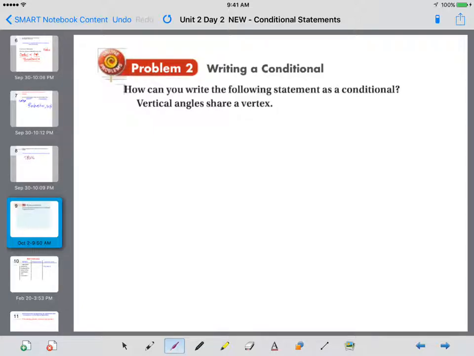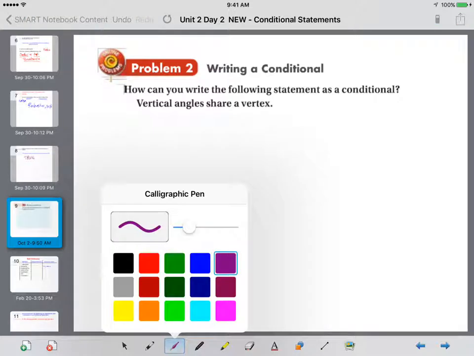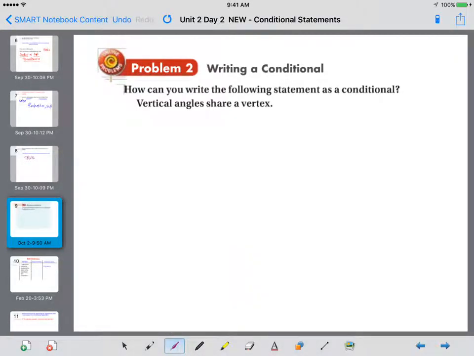How can you write the following statement as a conditional? Vertical angles share a vertex. Well, a conditional statement is an if-then statement. So we need a hypothesis between vertical angles and share a vertex.